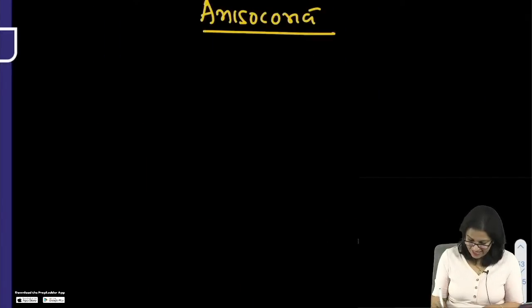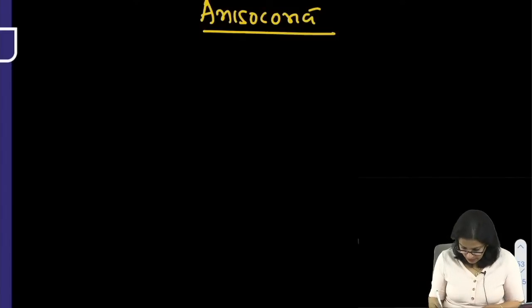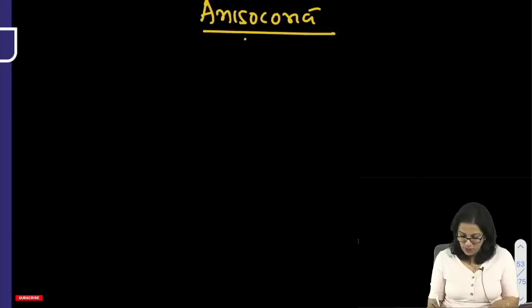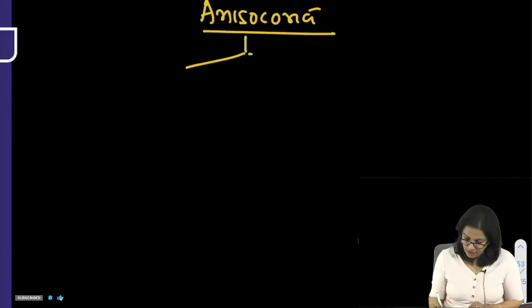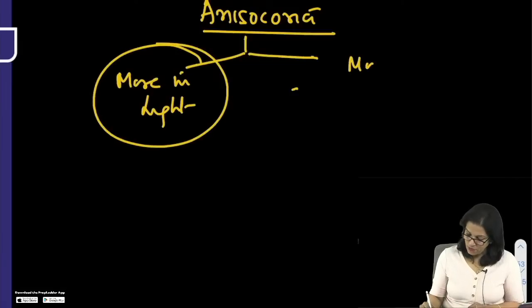What will you say? When you say anisocoria, so one eye, the first thing that you have to understand is, is the anisocoria more in light or more in dark? In this case it was more in the light or more in dark, whatever.